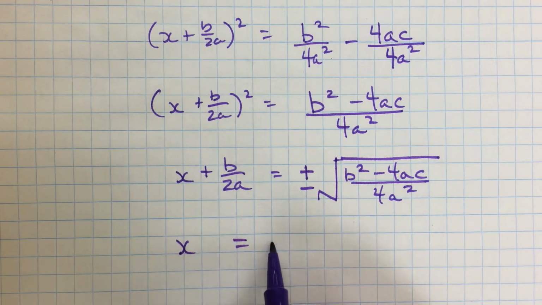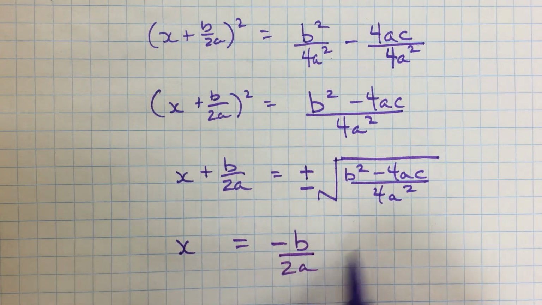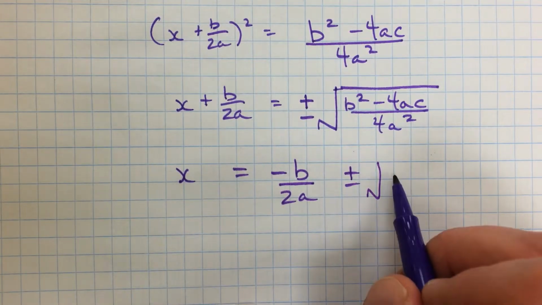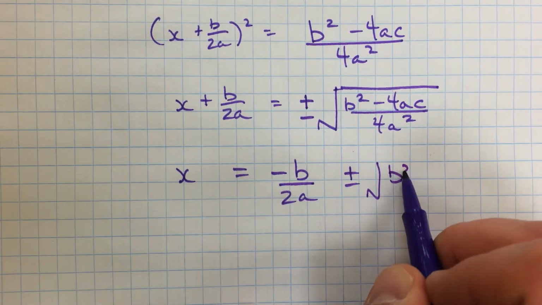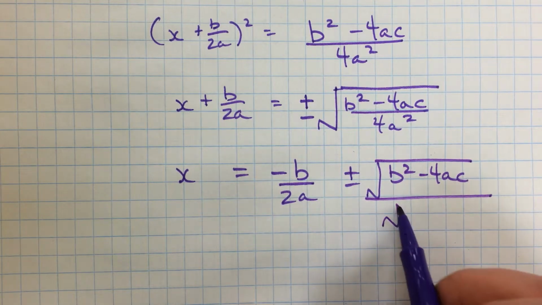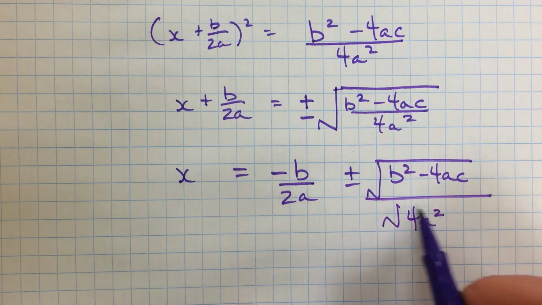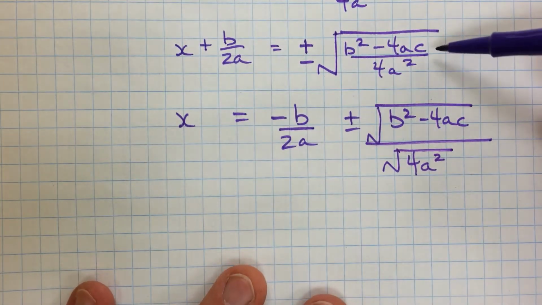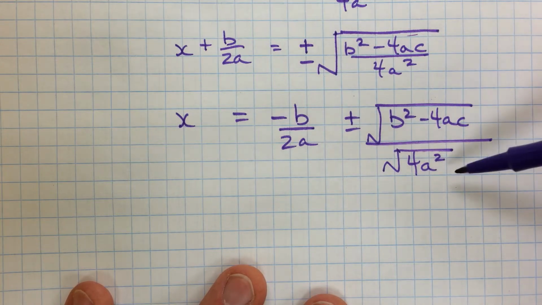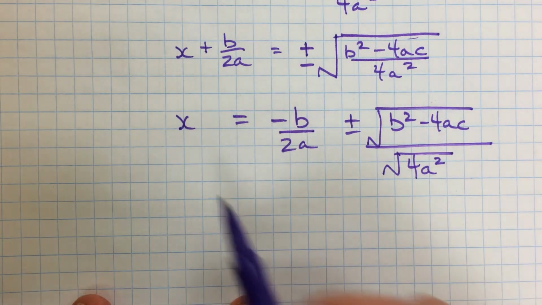I've got x by itself now: negative b over 2a, plus or minus square root of b squared minus 4ac divided by the square root of 4a squared. So I broke this into, instead of just taking the square root of the whole thing, the square root of the top and the square root of the bottom, and you're allowed to do that.